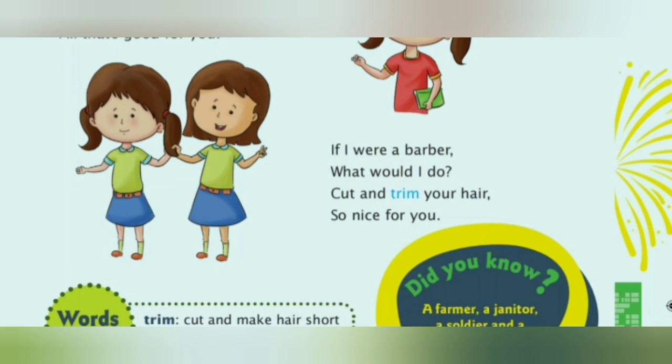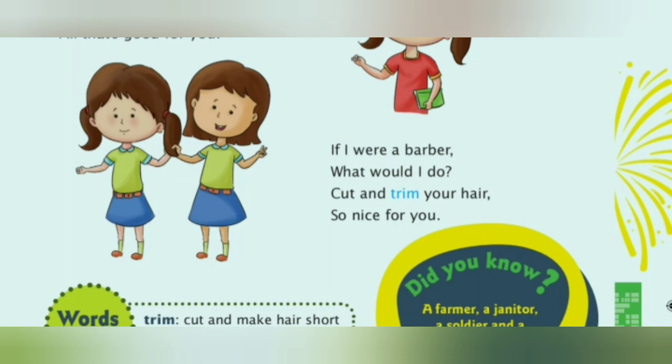So now this is a slow process so that you can understand the words clearly, and the fast process goes like, if I were a barber, what would I do? Cut and trim your hair so nice for you. So this is the process. Here again, in the third line we have the connecting word and. So it's like, if I were a barber, comma, same flow, and that's what we are following in all stanzas.